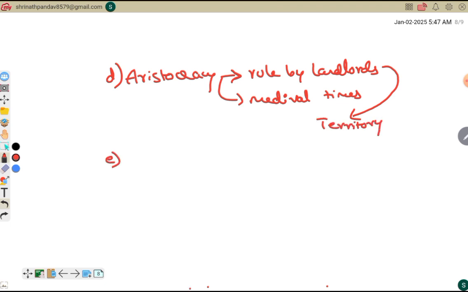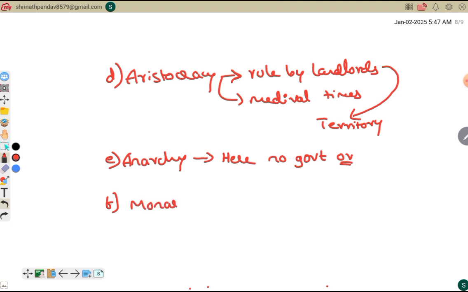Then comes anarchy. Here no government exists. Then comes the monarch. Here there exists only one ruler. His statements are binding and to be obeyed by the people. For example, North Korea. It is ruled by Kim Jong-un.